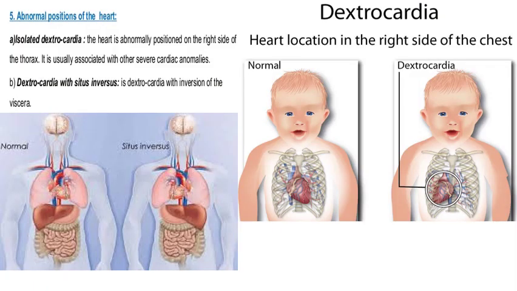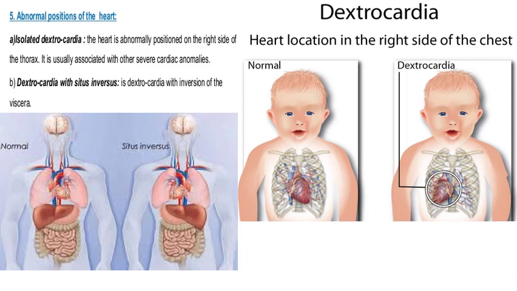And then coming to the abnormal positions of the heart. If the looping of the heart itself is not proper, then there is dextrocardia. Normally the heart is on the left side. Here in dextrocardia, the heart is on the right side.